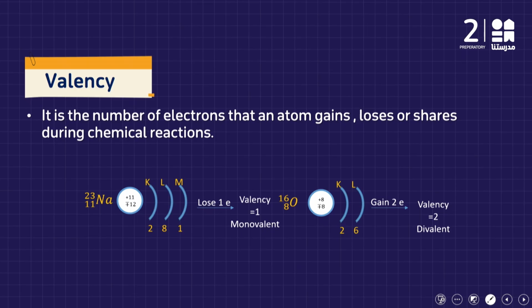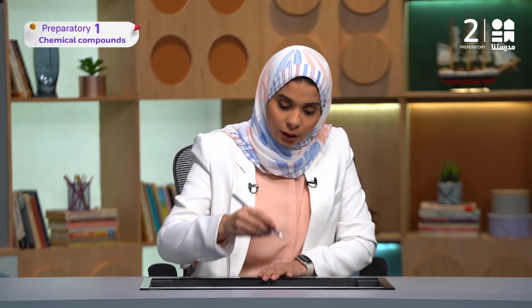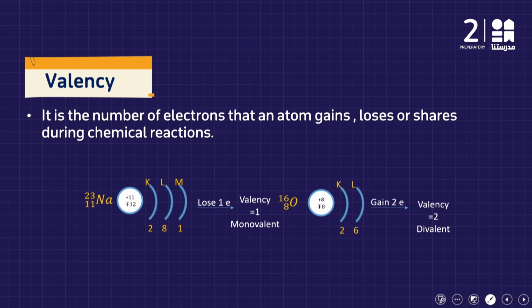So sodium loses 1 electron, so the number of lost electrons equals 1. What about the valency of sodium? It's monovalent. Why? Because it loses 1 electron during chemical reactions. So here, the number of lost electrons is the valency. The valency of sodium is monovalent.